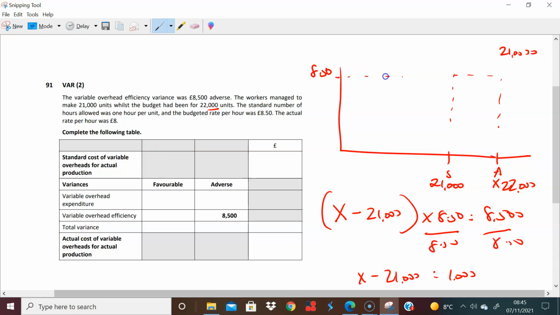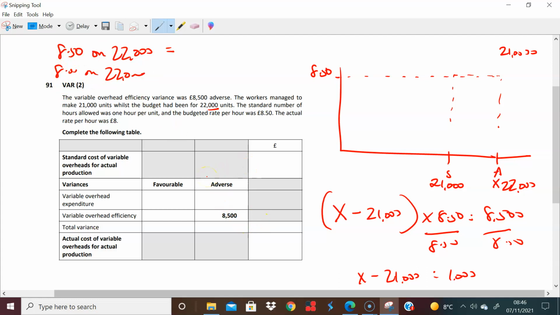Now I know that you should have spent £8.50 on 22,000 hours, but you spent £8 on 22,000 hours. This is the price variance that I'm going to calculate now.